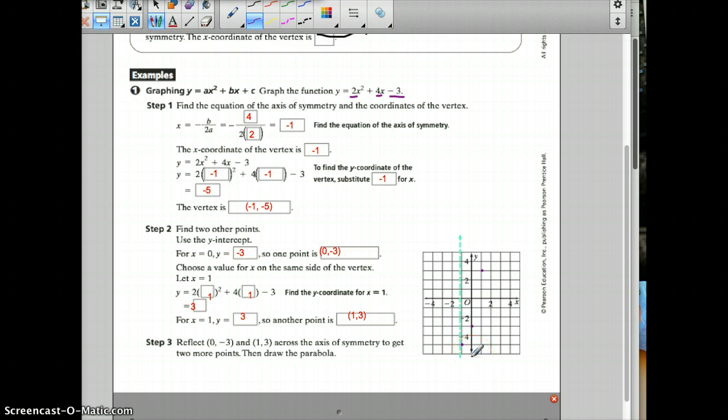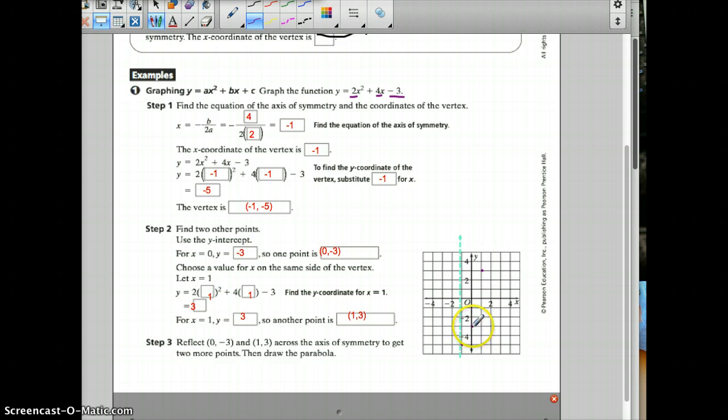Now I need to find 2 other points. So I pick any 2 numbers. Pick numbers that are very easy to compute. Okay? Pick 2 numbers that you can work with. 0 is a great one to plug into the equation. It helps to do some quick math. You can probably do the math in your head, and you get that the y-coordinate when x is 0 is going to be negative 3.